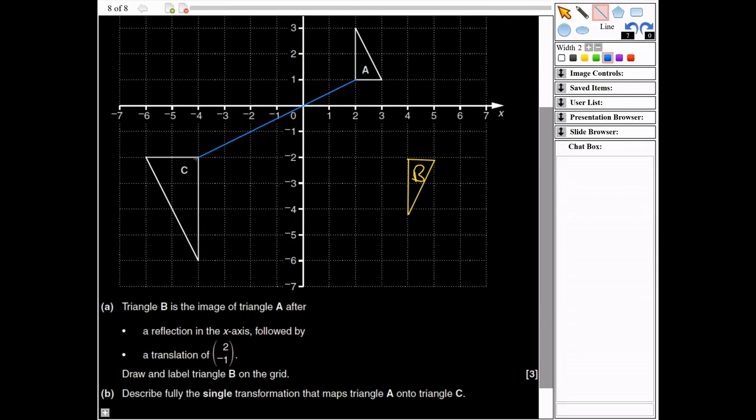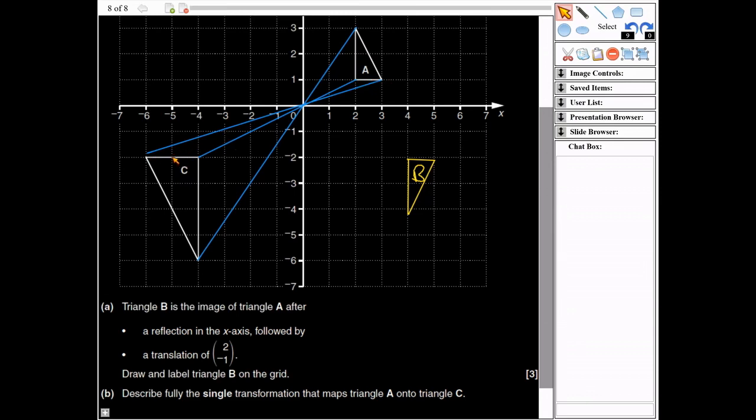So I join the 2 corners, then I can join the 2 longer tips, and then I can join the other points, and I can see that all 3 of the lines pass through 0, 0. So my centre of enlargement is the origin, and then I can measure how big the enlargement is: this side here is 1 square, this side here is 2 squares.